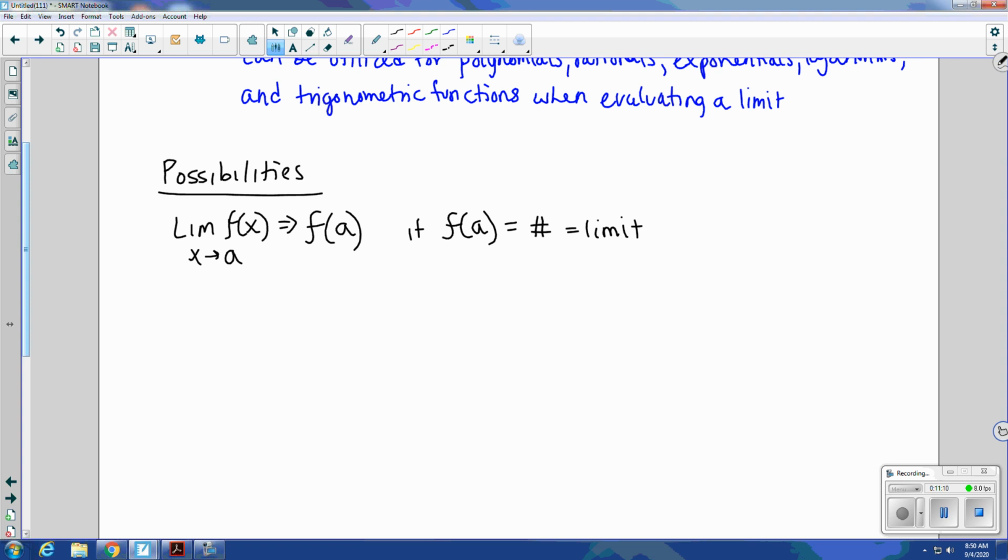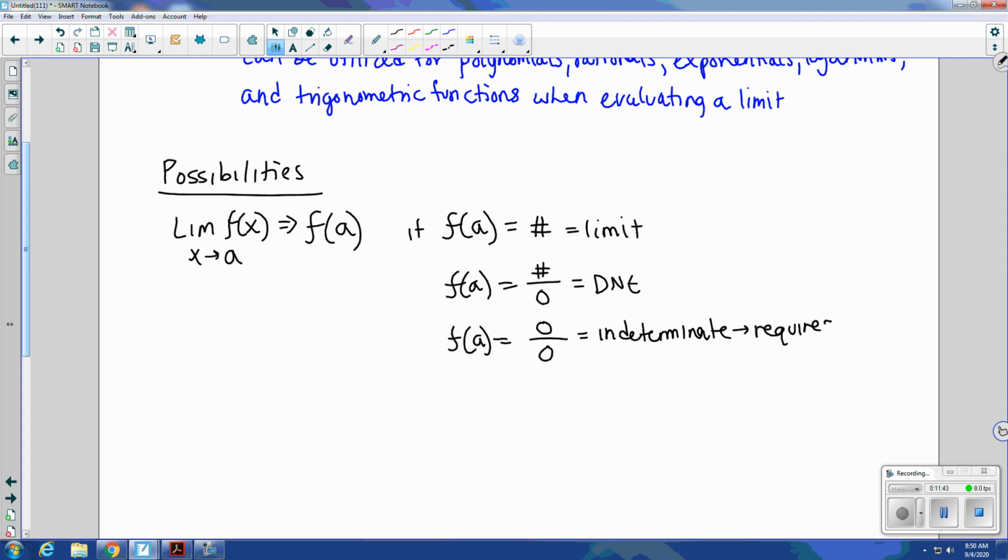That's the limit. Now that's pretty straightforward, but we could have a rational scenario. So let's say when we do f of a with our rational scenario, we get a number over 0. This is going to be a does not exist. Okay, and then lastly, for now, what we could see is 0 over 0. This is indeterminate and requires more work to determine the limit.